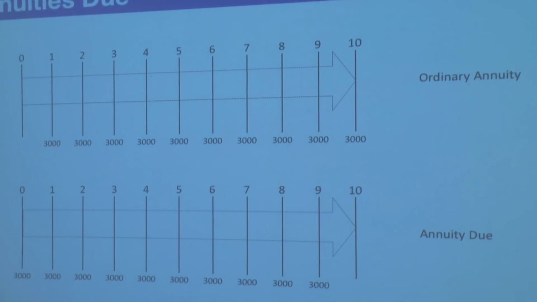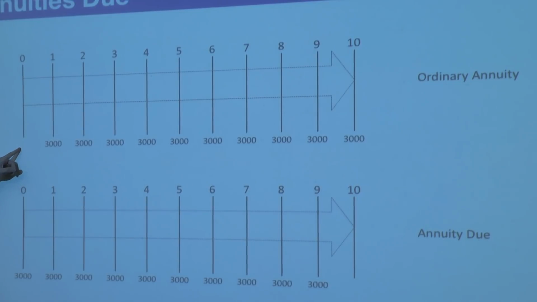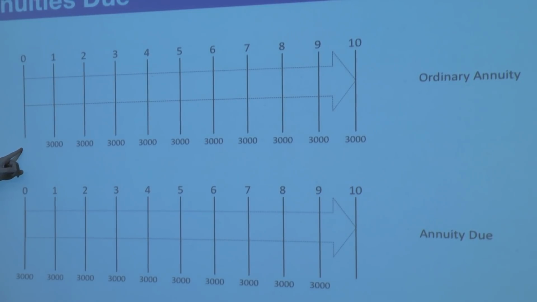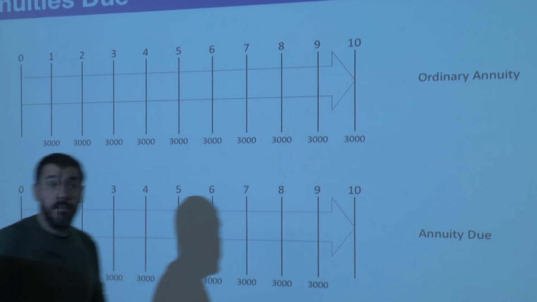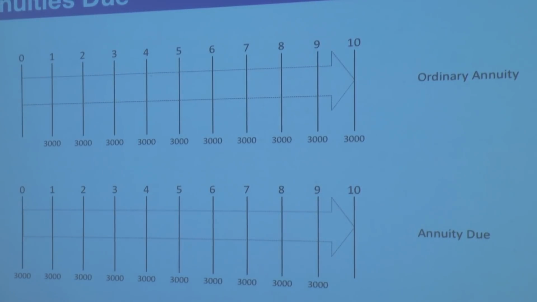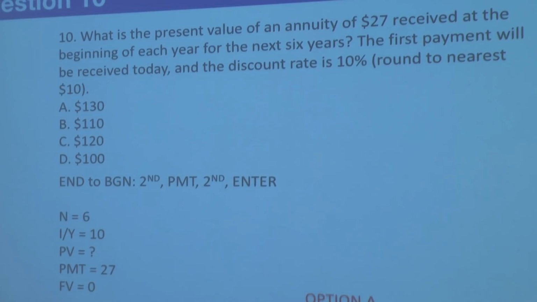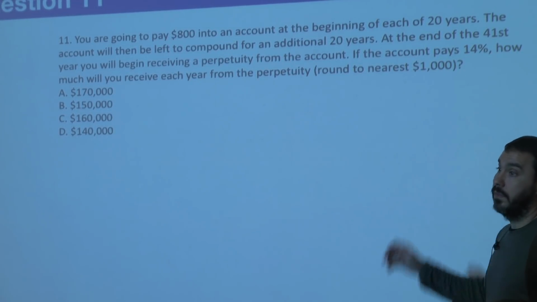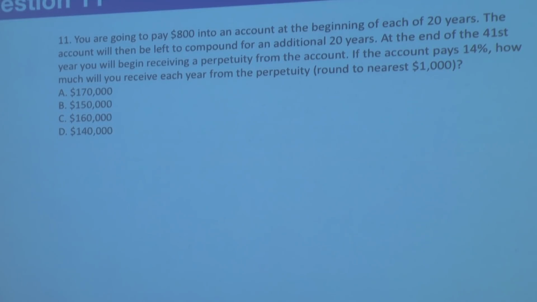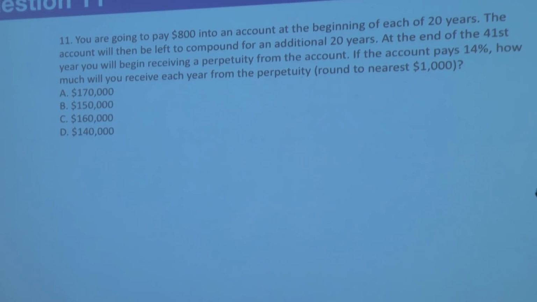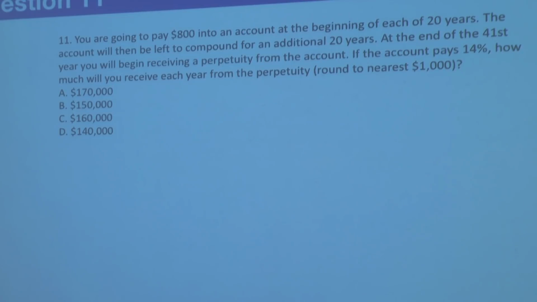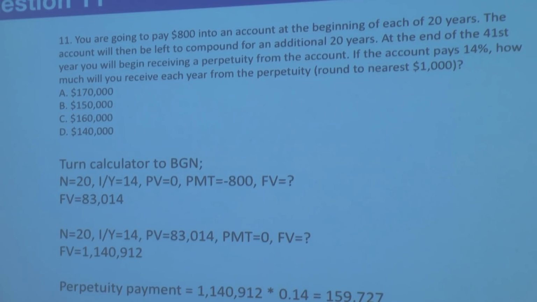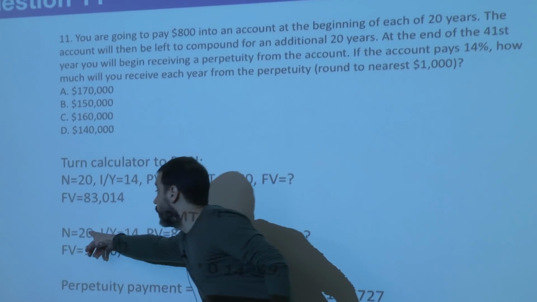So 1 year before the first payment happens. So in that case, the first perpetuity payment is at time 41. So the present value that I need to equate that perpetuity to is at time 40. So 20 years plus 20 years. That's why here I don't have 21.